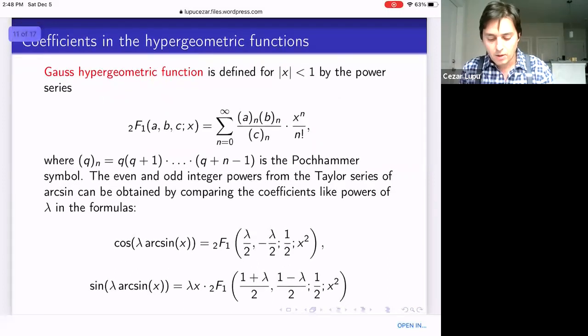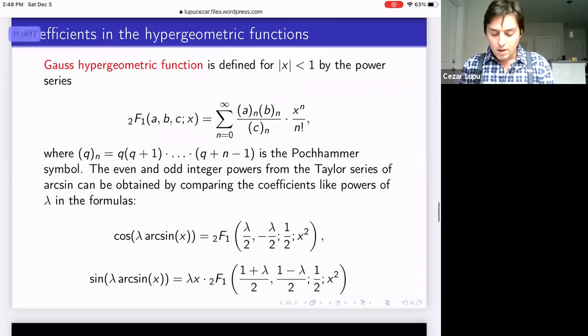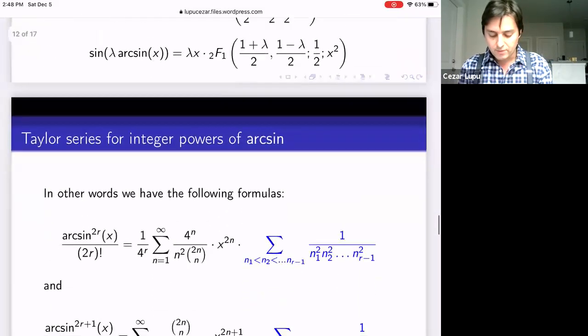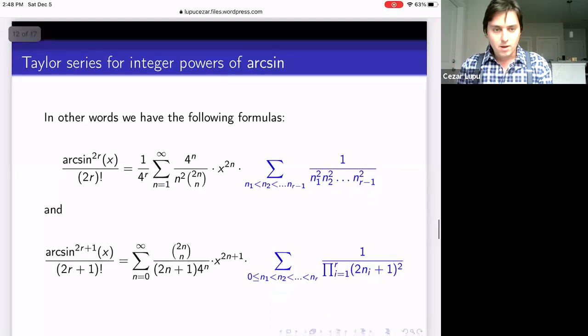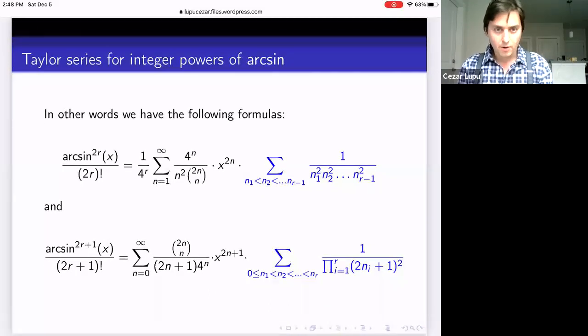So the Gauss hypergeometric function is defined in this way. We will look at the even and odd integer powers from the Taylor series of arc sine, which will come from these 2 formulas here. Once we do this, we obtain a very nice formula for odd and even powers of the arc sine function.